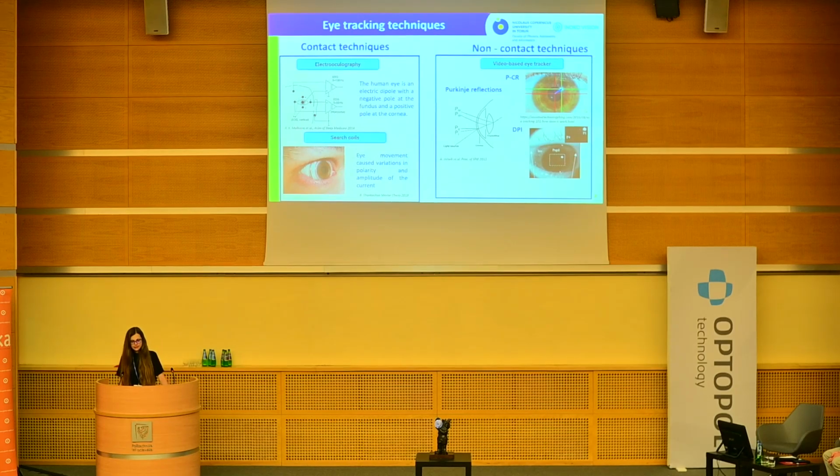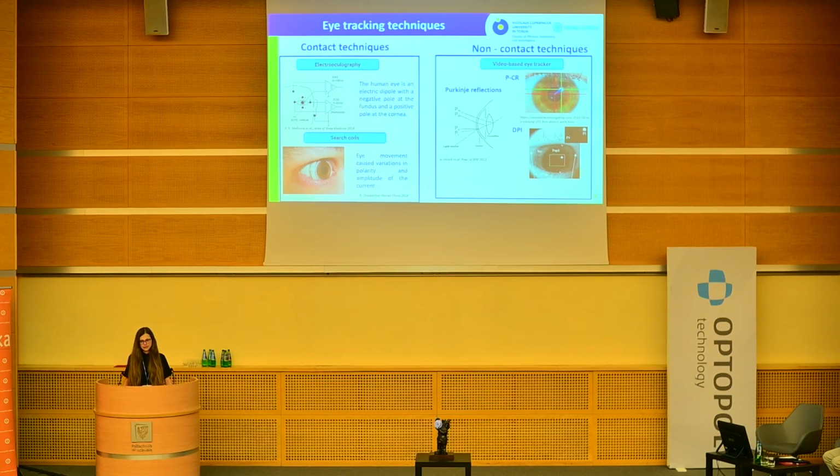But these techniques require subject-dependent calibration for each measurement, which in a fundamental way limits the precision and accuracy of the measurement. So we still need new eye tracking techniques which are contactless and as precise and accurate as contact techniques, and this is the definition of retinal eye tracking.